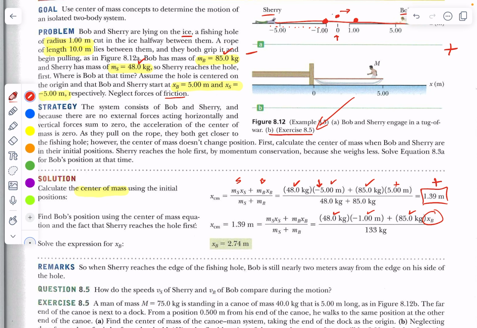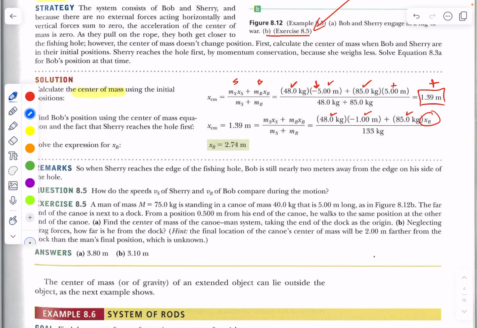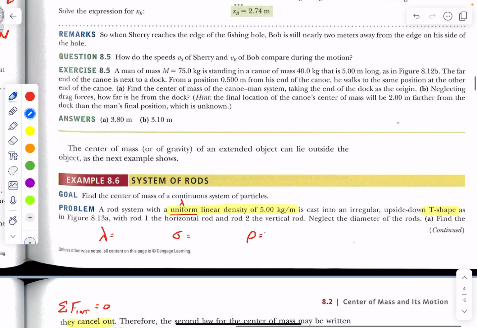So that means 2.74 is a little bit more than halfway. And so Bob has moved all the way up to there, while Sherry has moved all the way to there. And if you ever encounter a problem like this again, I would sure like to know in what context. So send me an email.